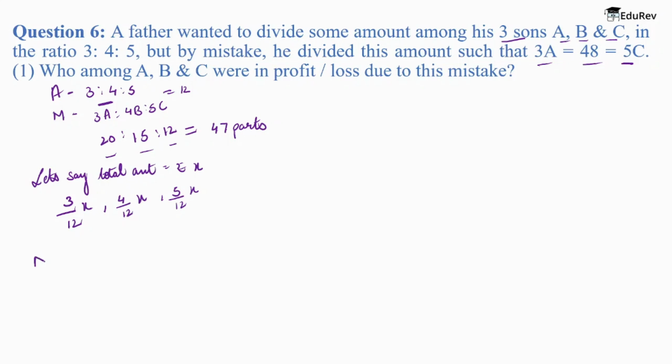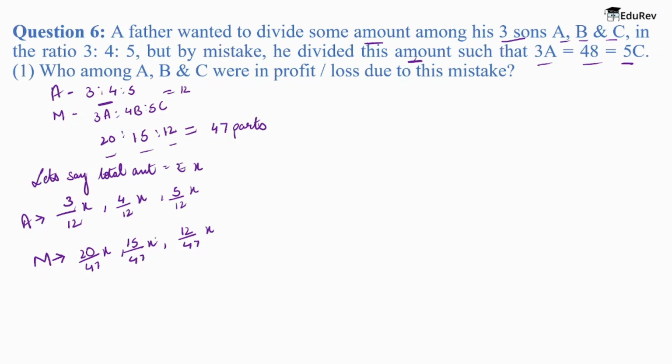But this is the actual one, right? And after the mistake, it becomes 20 by 47 of X. X remains the same. The amount here remains the same. So X will remain the same. 15 by 47 of X and 12 by 47 of X. Now you can see that X is common here.